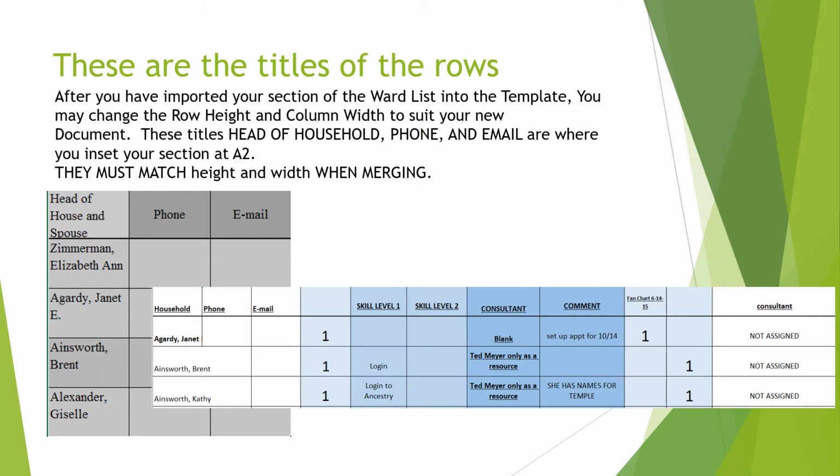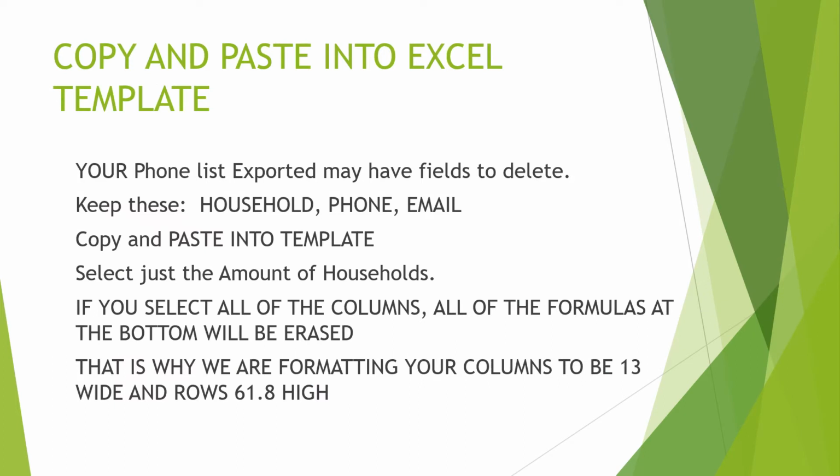So basically there are titles on the rows, like head of household, phone, and email. And after you've imported the section of your ward list into the template, you may change the row height and width to suit your new document. So now you've copy and pasted them into the template.